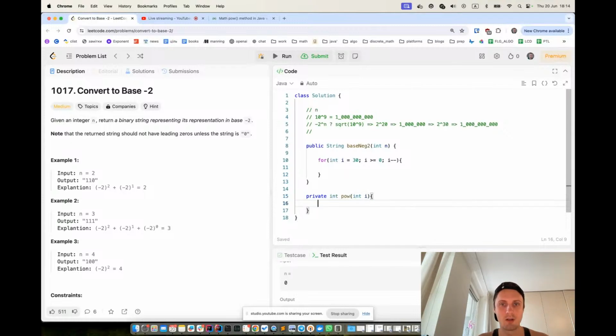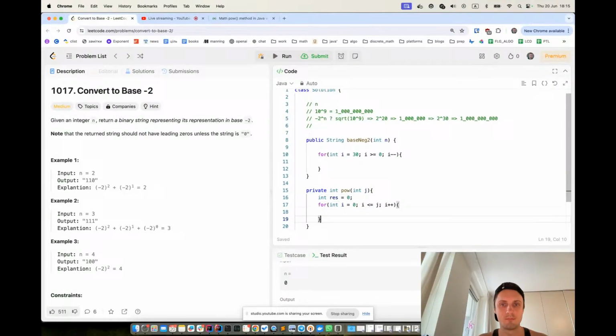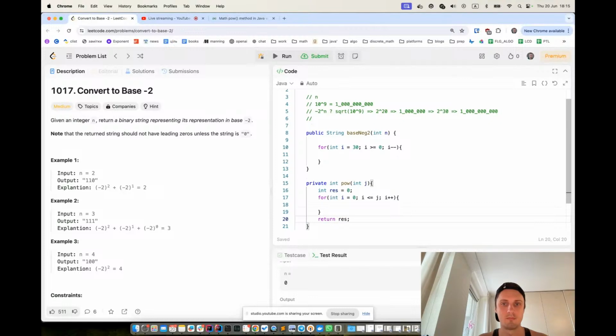And here I have some i, and here I iterate with some j from i, j less than or equal to, j plus plus, and I have some result, and in this result I would multiply by -2.